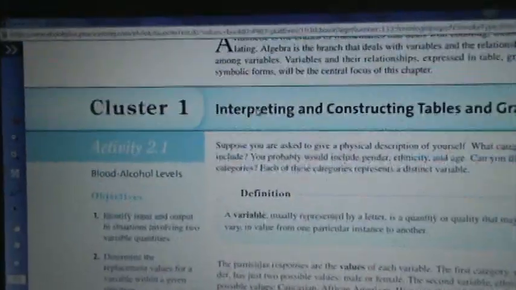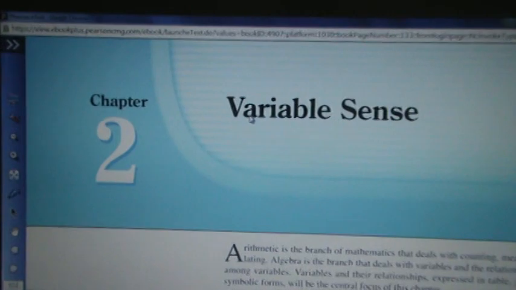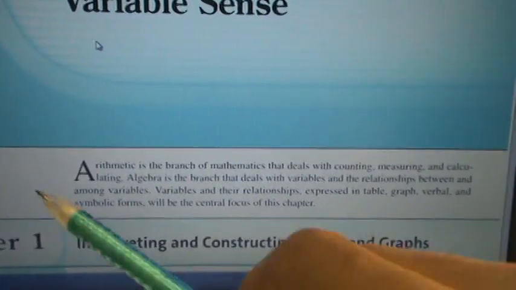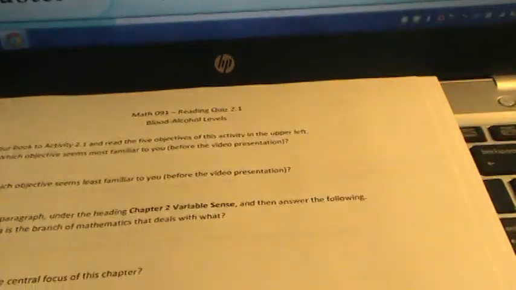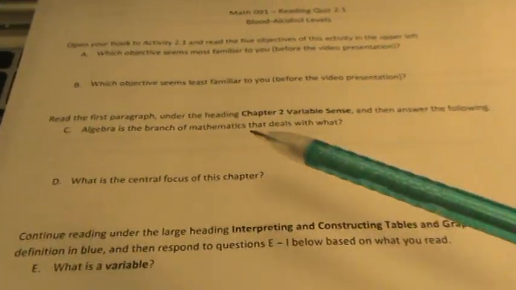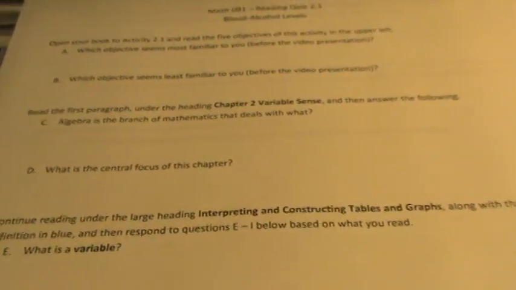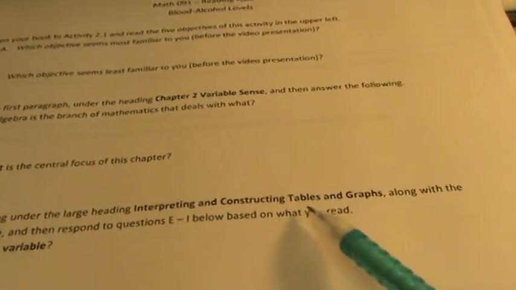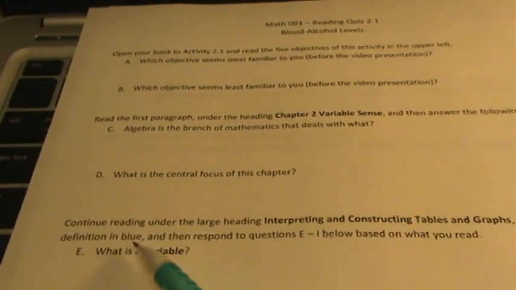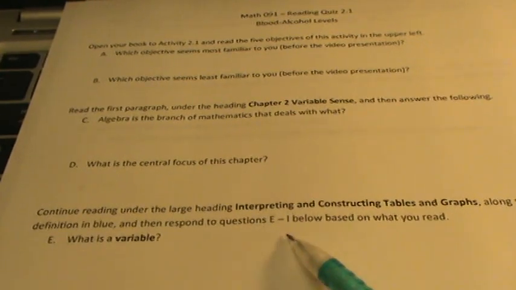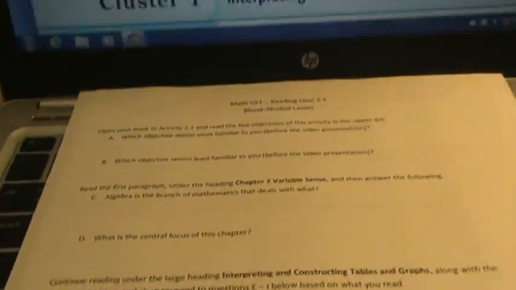So scroll up, there's the big Variable Sense, Chapter 2. There's your first paragraph. Read that and respond to those 2. Continue reading under the large heading Interpreting and Constructing Tables and Graphs along with the definition in blue, then respond to questions E through I.